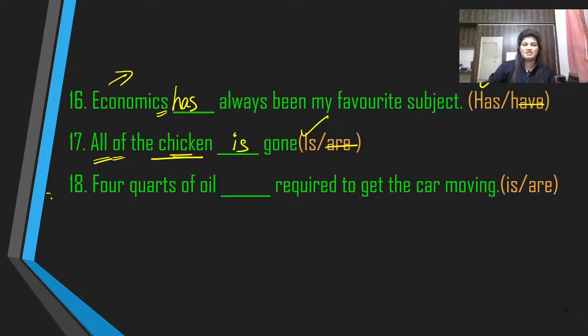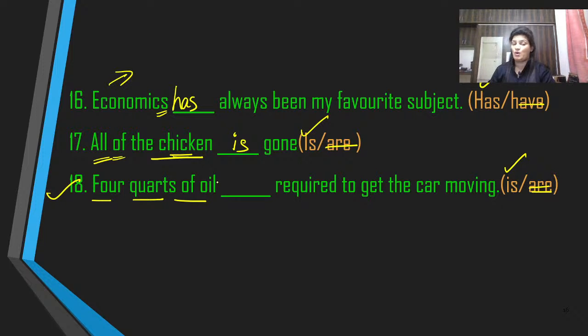This one, 18th one. Okay, 18th one, 4 quarts of oil is or are? That's correct. It is and not are. Why is and why not are? Don't you think this sounds more like a plural subject? Don't you think you should have actually gone with are over here and not is? Kamla, yes.